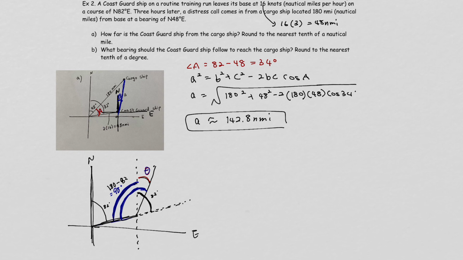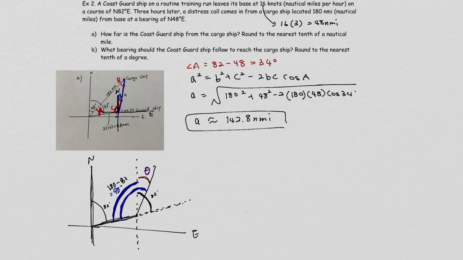So how do I find this angle then? If I call this angle A, let's call this angle B, and this is going to be angle C, right? So how do we find angle C? Because angle C minus 98 will be the theta, right?